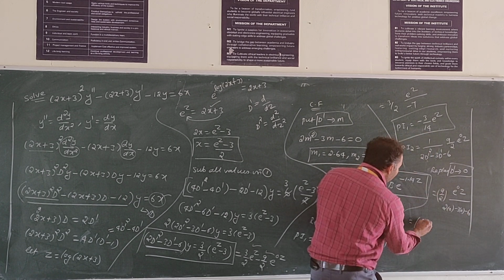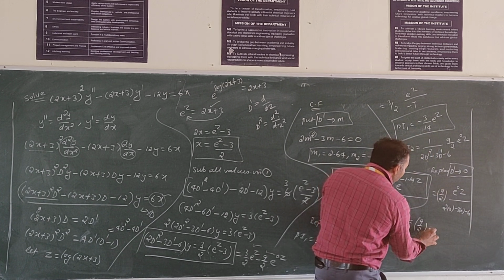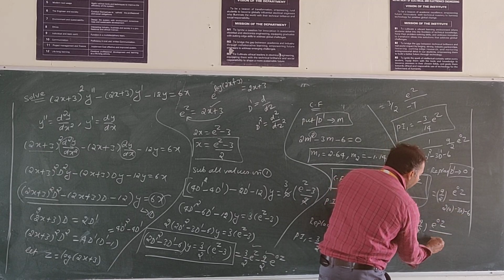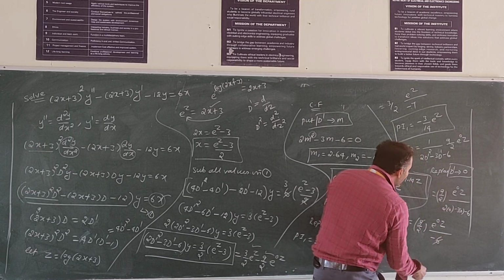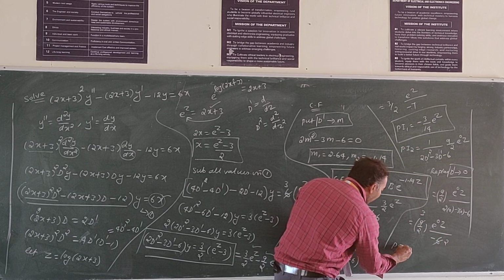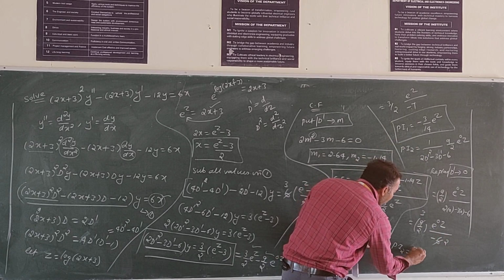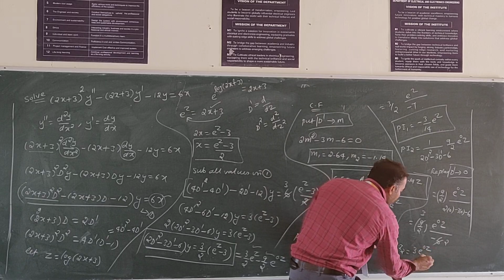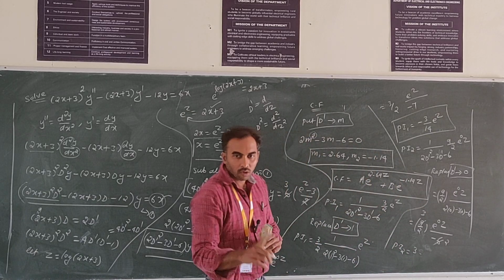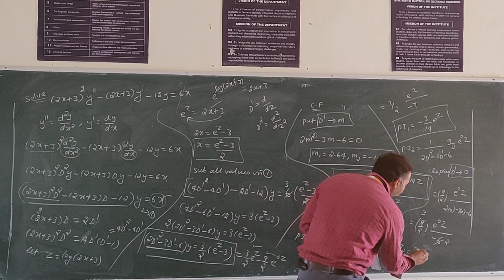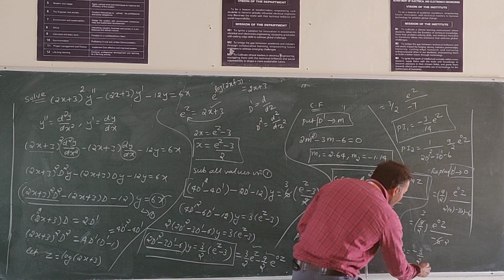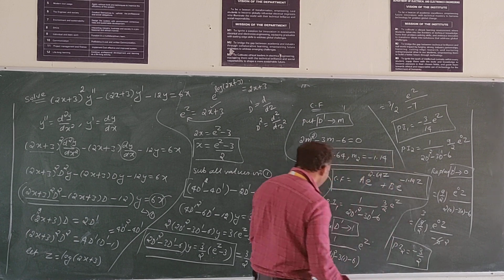So equal to 9 by 2 e power 0 z divided by minus 6. If we cancel these two, we will get 3 by 2. So particular integral 2 equals 3 e power 0 z. No need to write 0 z because e power 0 value is 1. So 3 by minus, minus 3 by 2.